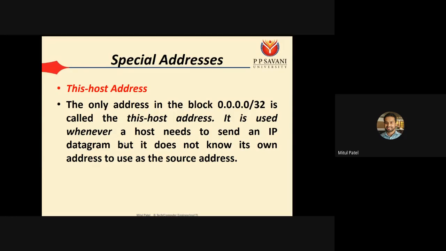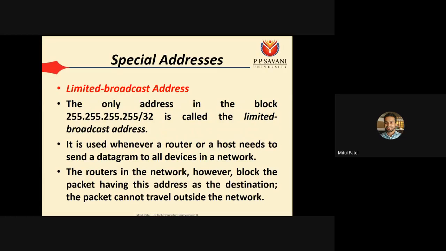Okay, the second thing is the limited broadcast address, that is 255.255.255.255/32. That is, all 32 bits are 1. It is known as the limited broadcast address when we need to perform a broadcast within the network. Suppose we want to broadcast some data to all the devices within our network, at that time in the destination address we can set this address. That is, all four values are 255.